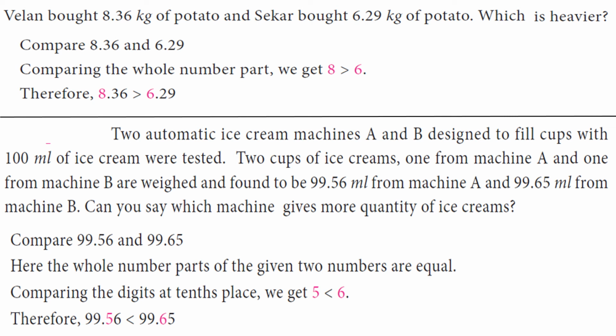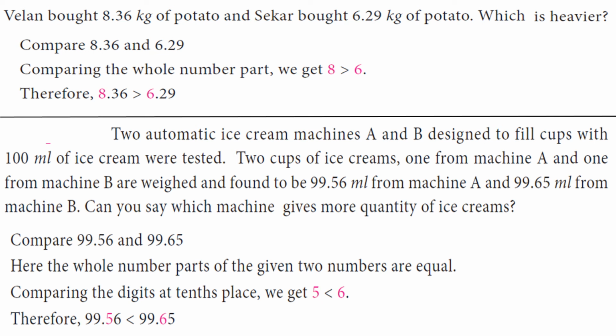Two automatic ice cream machines A and B designed to fill cups with 100 ml of ice cream were tested. 2 cups of ice cream, one from machine A and one from machine B, are weighed and found to be 99.56 ml from machine A and 99.65 ml from machine B. Can you say which machine gives more quantity of ice cream?